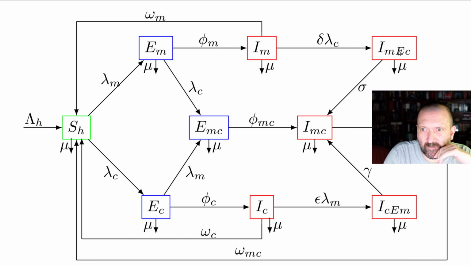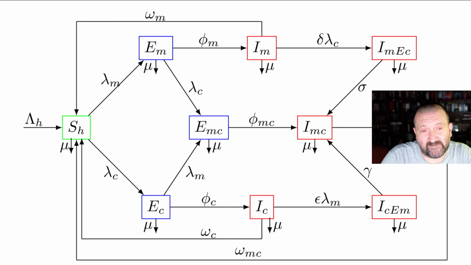Actually, I can't remember what the E here stands for. But essentially, this is a co-infection model, and there was quite a lot of interest at one point in co-infection models.